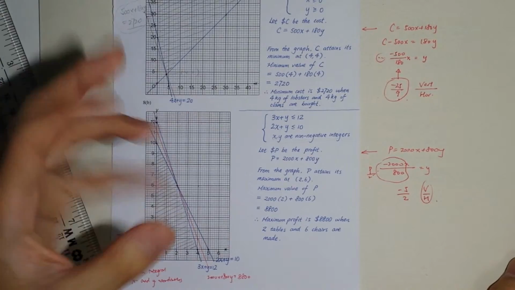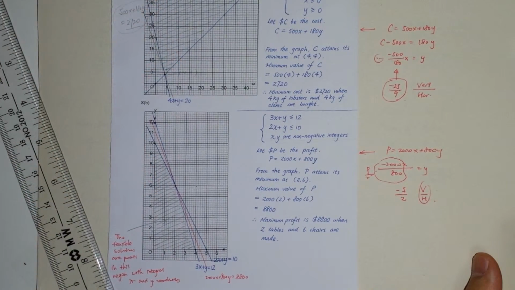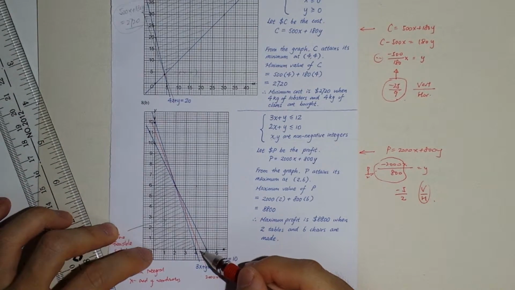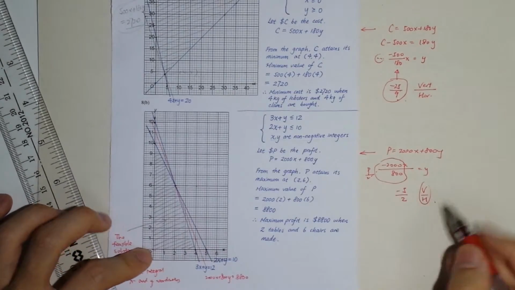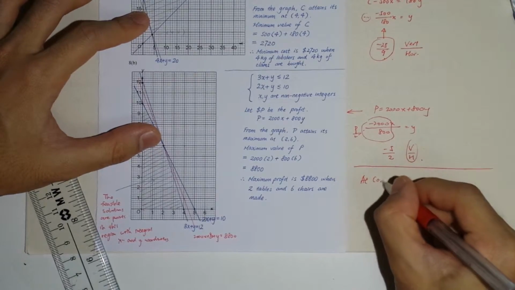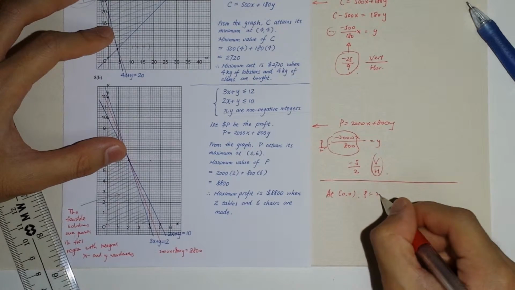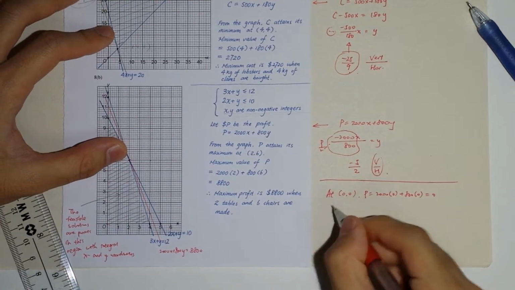Suppose you don't use this method. Then you have to test all the vertices. What is meant by all the vertices? It means (0, 0), (4, 0), (2, 6), and (0, 10). All the vertices. At (0, 0), do not miss this point, it's also a vertex, P equals 2000 times 0 plus 800 times 0 equals 0.